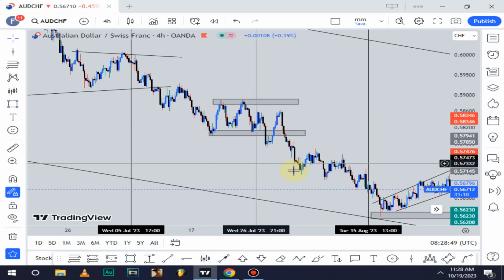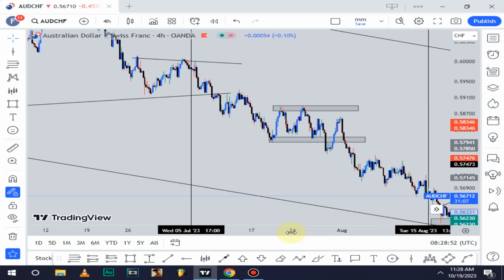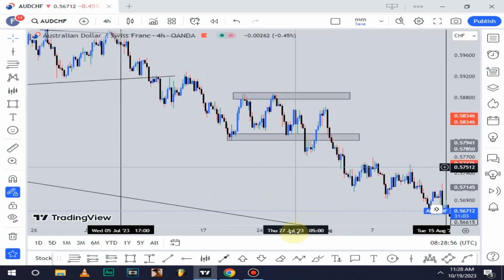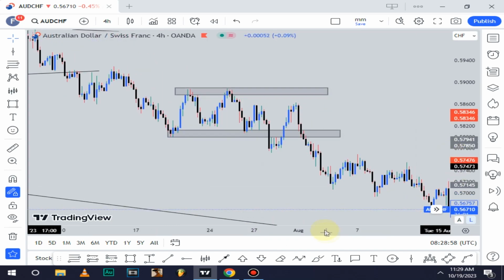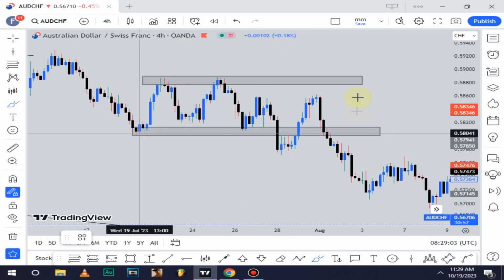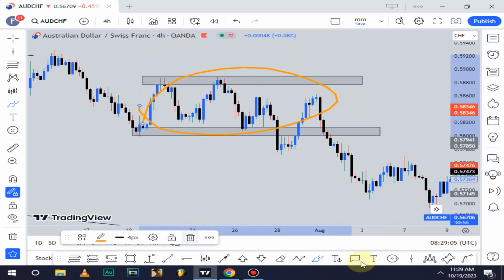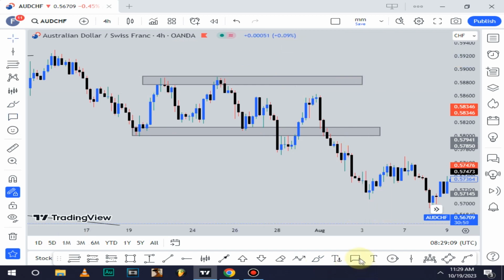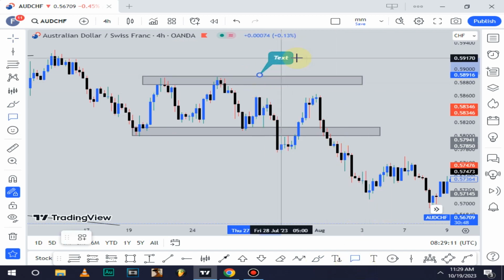I believe when you trade supply and demand, for example, you zoom like this, and now this is the zone. Let me circle that once again. This is the zone. Let me just write this zone over here as a supply zone.